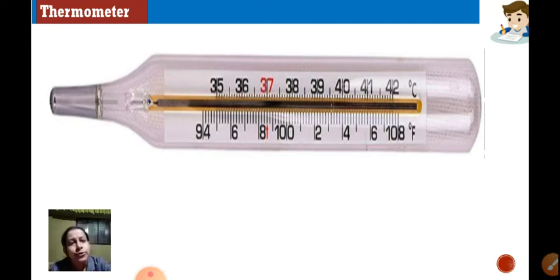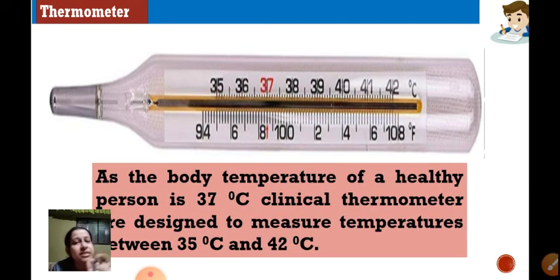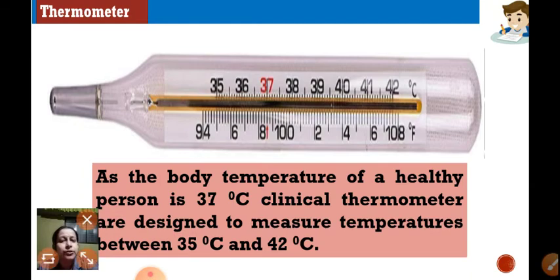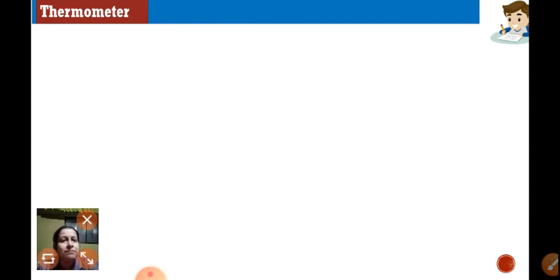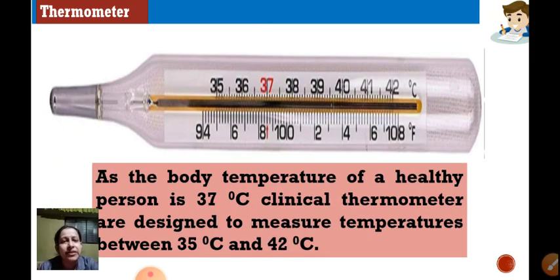You might be knowing about the body temperature of human beings. Normally the body temperature of human beings is 37 degrees Celsius. You can see over here also there is a mark of 37 degrees Celsius, shown in red color, which means it is the normal body temperature of any human being.